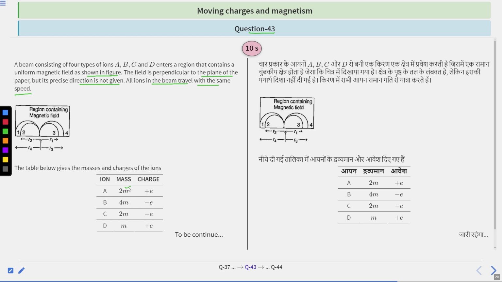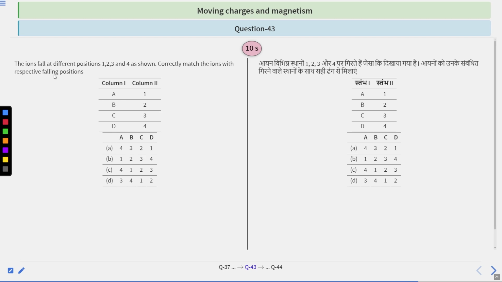Ion A has mass 2m, ion B 4m, ion C 2m, and ion D m, and the charges are plus e, minus e, minus e, plus e. The ions fall at different positions 1, 2, 3, and 4. Correctly match the ions with their respective falling positions, column 1 and column 2.